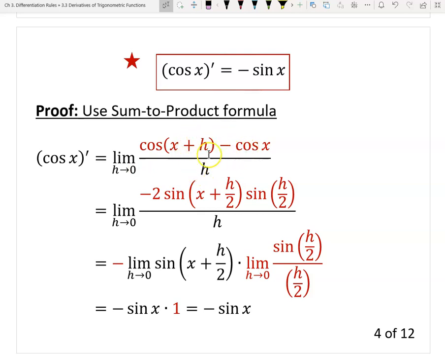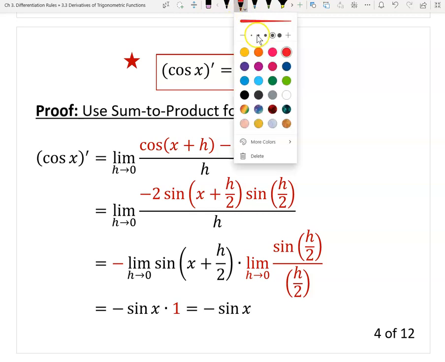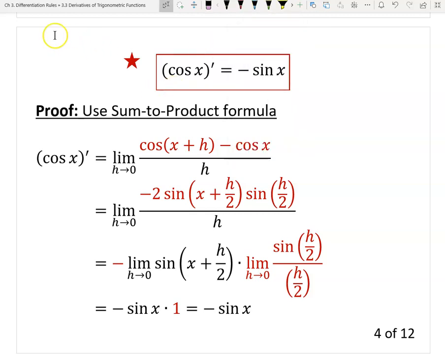Now we are going to put these two terms together into a product. Let me write down the formula. So I think you can see we are going to use this formula.